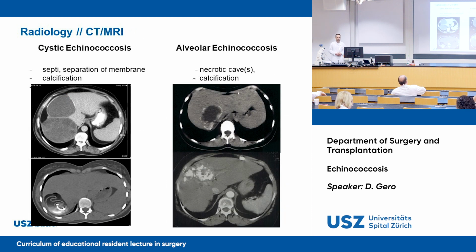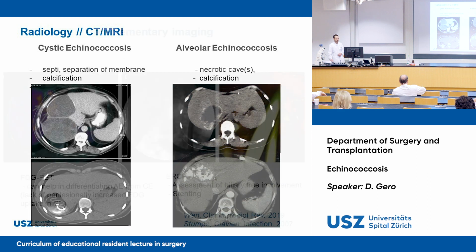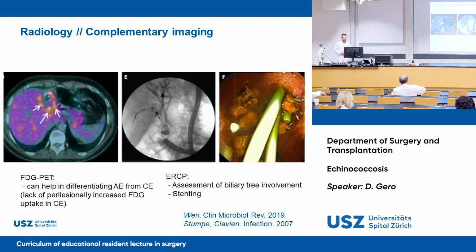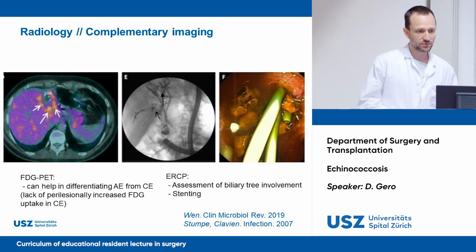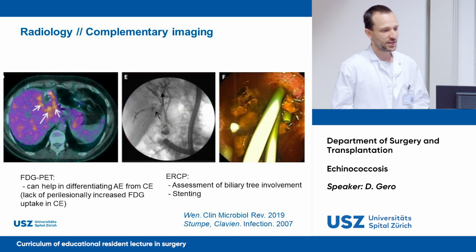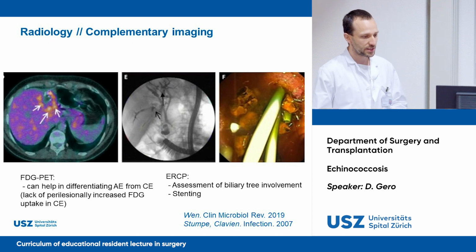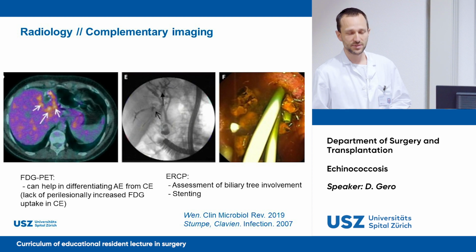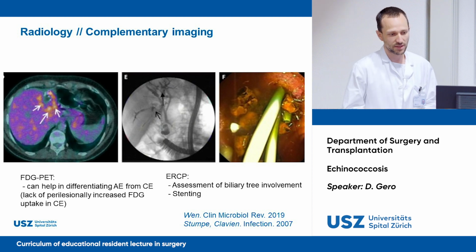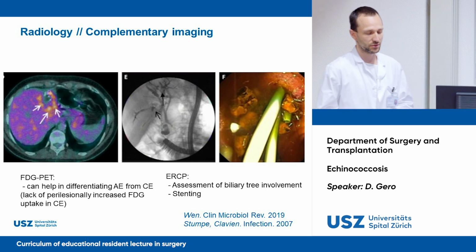It is recommended to perform a CT or an MRI. For cystic echinococcosis, this will identify septation, calcification, and for alveolar echinococcosis, necrotic caves or calcification. We can perform complementary imaging, for example, FDG PET, which has been reported to be helpful in differentiating alveolar echinococcosis from cystic echinococcosis because there is a lack of perilesional increased FDG uptake in cystic echinococcosis.